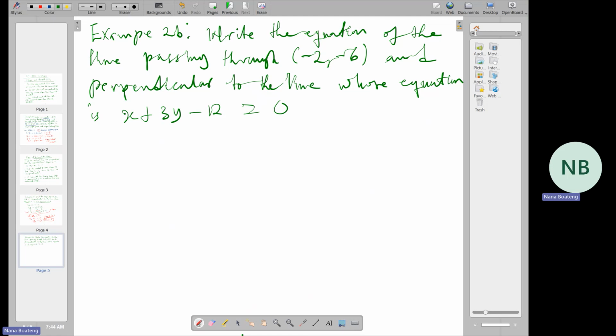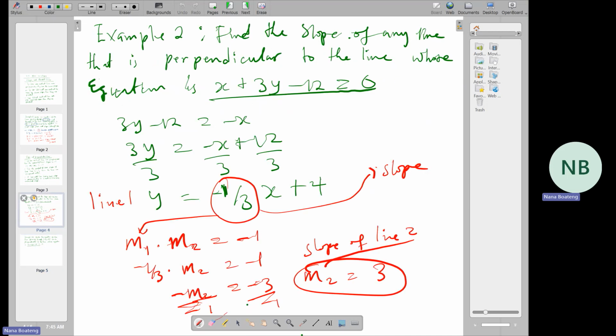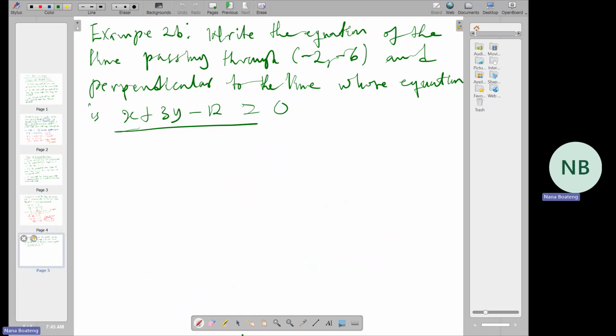So we found out in the previous example that the slope of a line that is perpendicular to x plus 3y minus 12, if you recall, m2, is equal to 3.